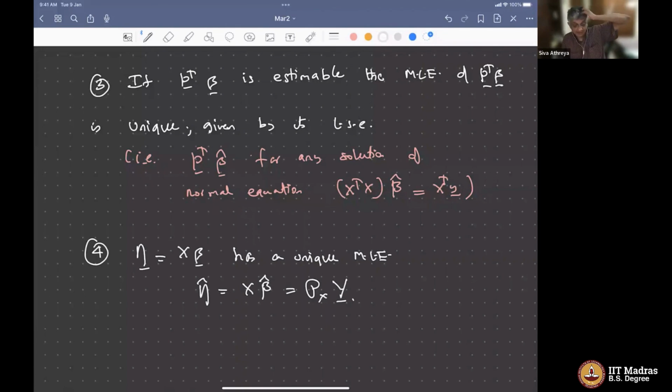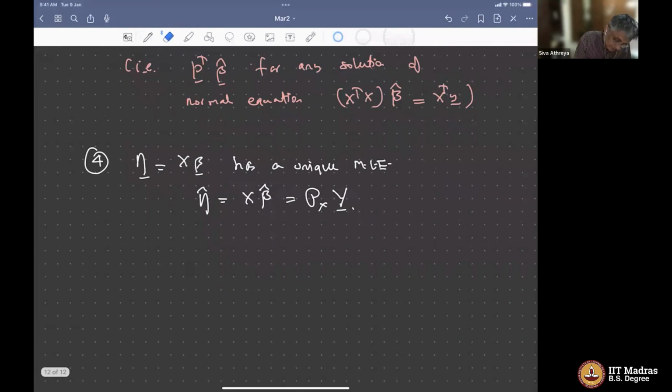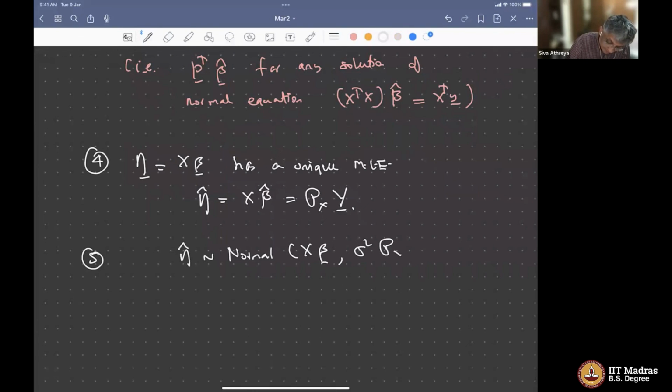So that's the MLE for x beta. The other thing you can observe is that this eta hat is going to be normal with mean x beta and variance sigma squared P_x. That's what we computed today. So the MLE will have all these properties.